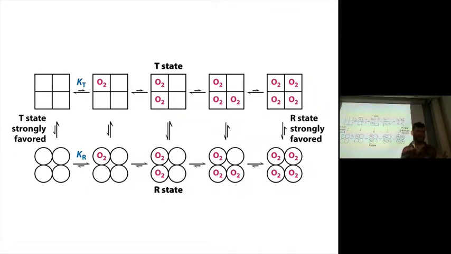All right. Did I say T and R stand for tight and relaxed? Did I say that already? Okay. We're going to see what this means in a little bit. And in between, you can see here at 50% saturation in a hemoglobin that it's a roughly balanced equilibria between the two states. Okay.